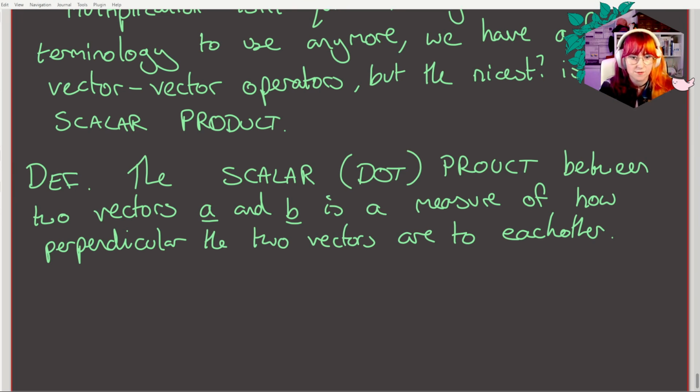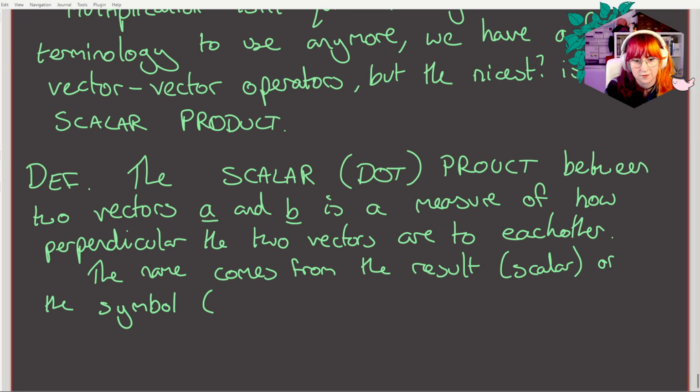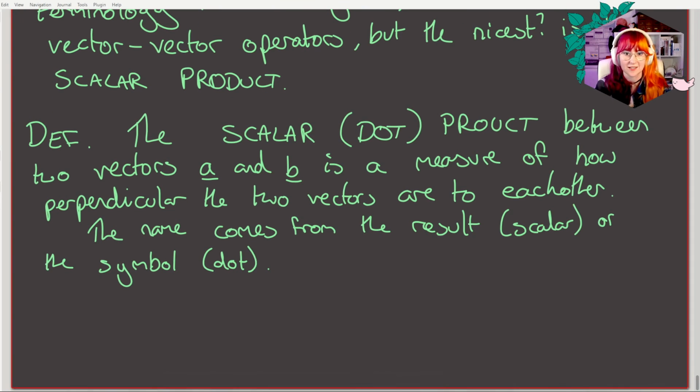It's named for the result, scalar, or the symbol, dot. What I mean by that is the output of the scalar product is a scalar. So you take a vector, you take another vector, you get a scalar out of it.